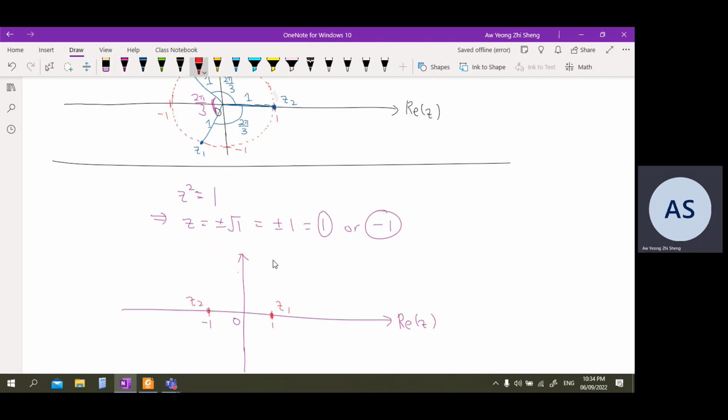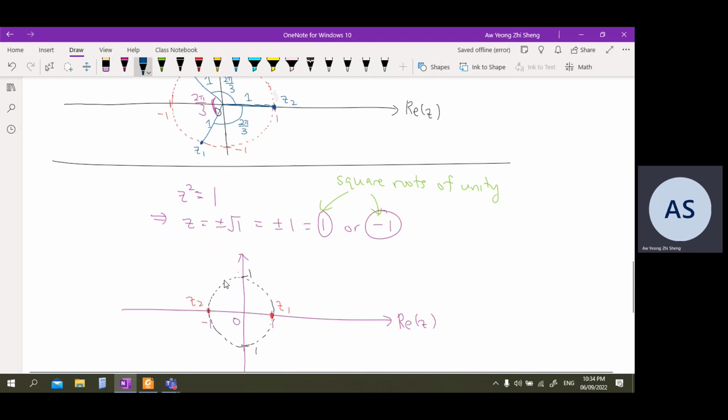And so it is still true that these two are the square roots of unity, and they lie on the circumference of the unit circle centered at the origin, because they are both 1 unit away from the origin.